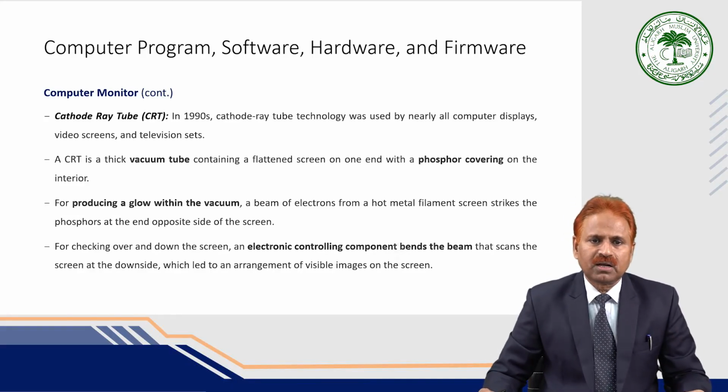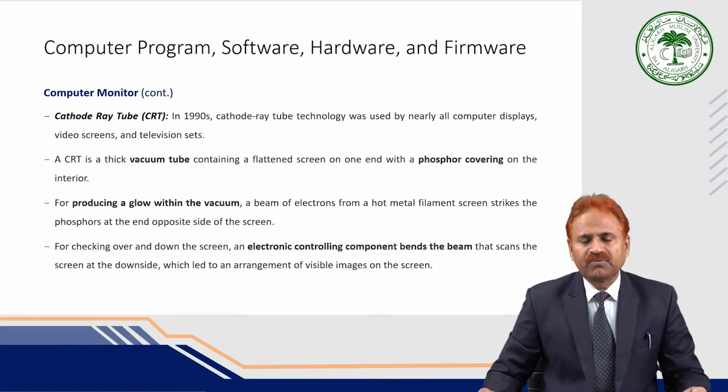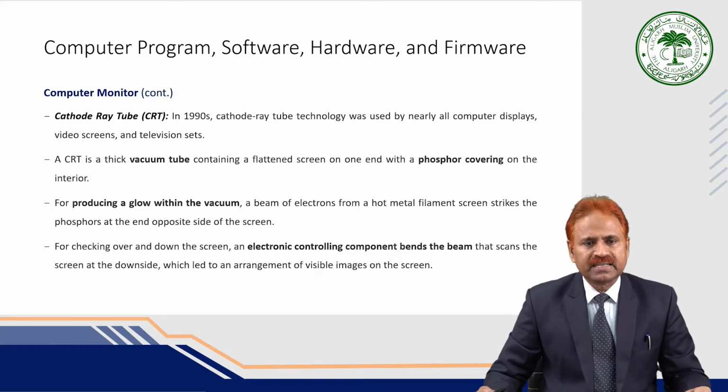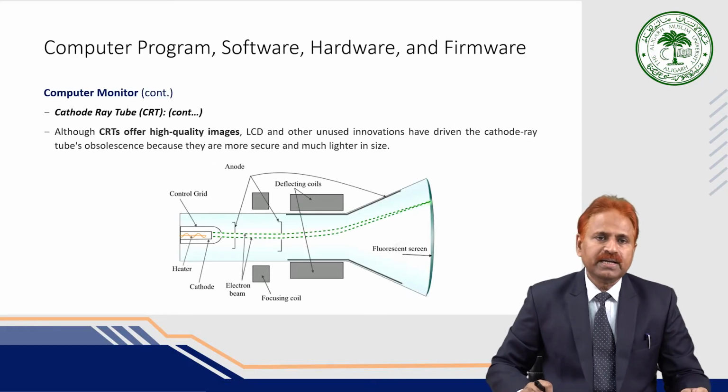To produce a glow within the vacuum, a beam of electrons from a hot metal filament strikes the phosphorus at the opposite end of the screen. An electronic controlling component bends the beam so that it scans across and down the screen, which leads to an arrangement of visible images on the screen.